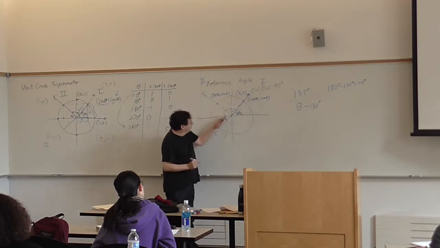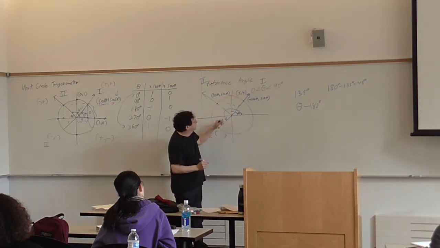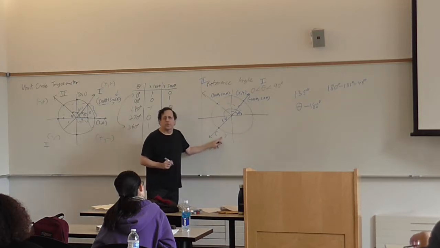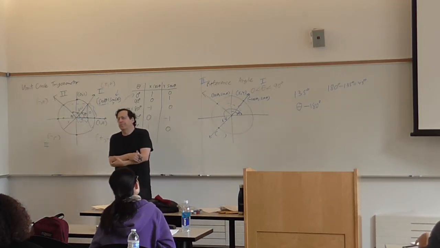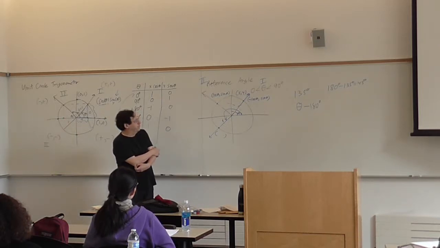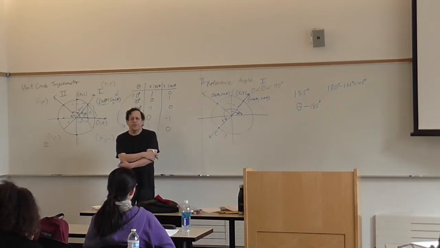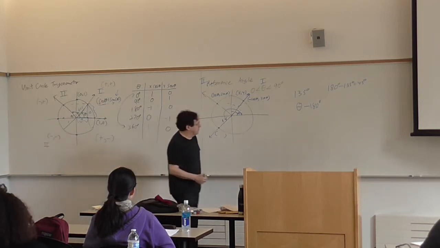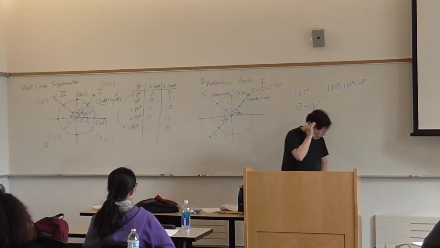Okay, so I have a line going through the circle. This is x and y. What are these coordinates? That's not obvious, is it? Nobody's saying anything. Positive cosine and negative sine?